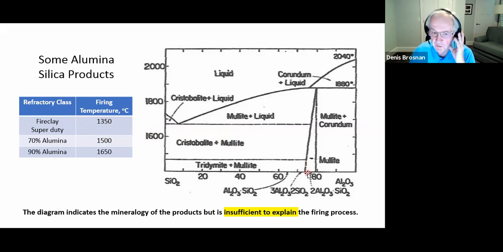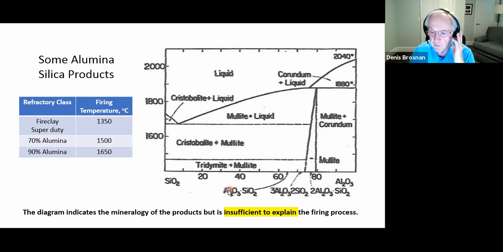Get up to 70% alumina refractories, then the refractoriness, or ability, the melting points increase very significantly. And refractoriness just means the ability not to slump or lose their shape, creep, at practical temperatures. 70% alumina products are typically fired up around 1500.